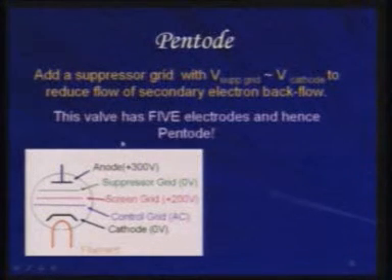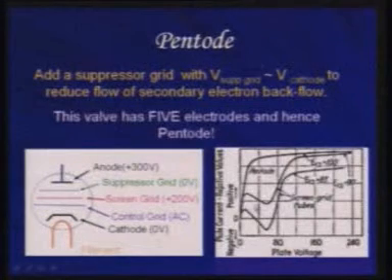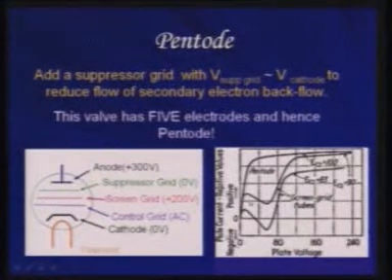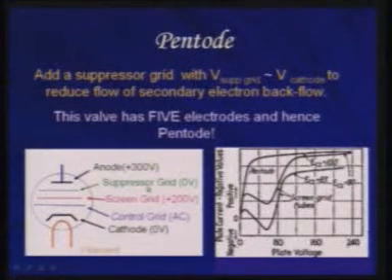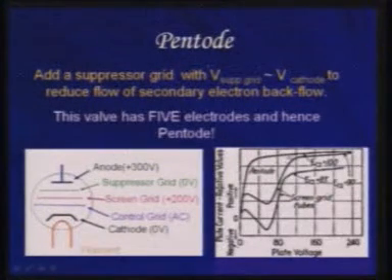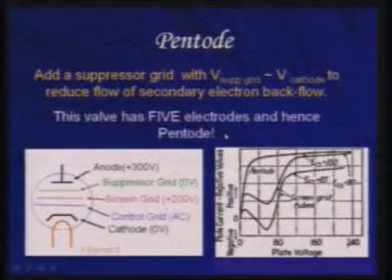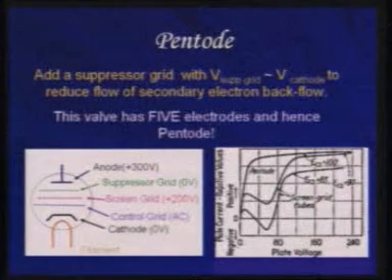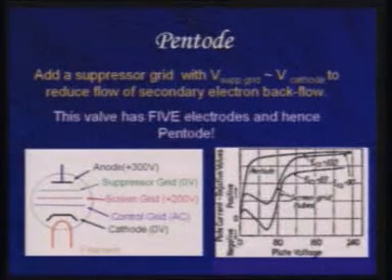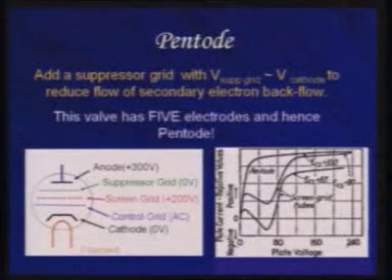And so if you see the characteristics here, I have shown you all 3. This one, the negative resistance type, is the tetrode, and when we have added the suppressor grid, we get a pentode where we get the normal characteristic the way we expected. So this is how the electronic devices, as far as vacuum tubes are concerned, are working.